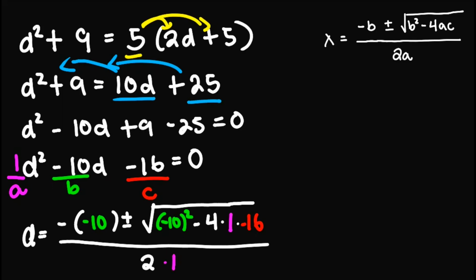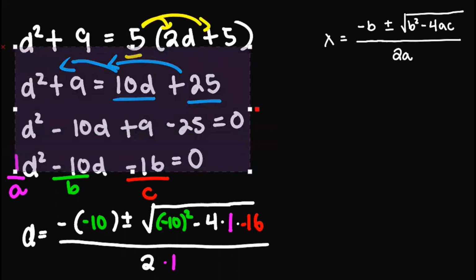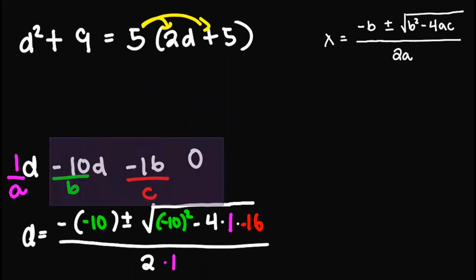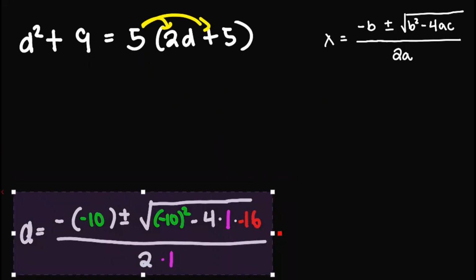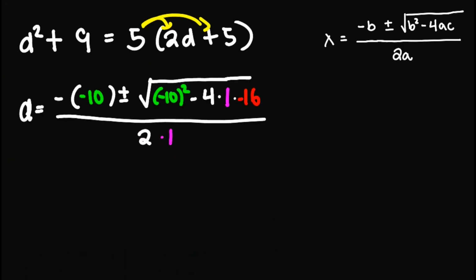So let's clear out some space first. And let's move this one out here. So this one will be equal to negative times negative 10 will be 10 plus minus.